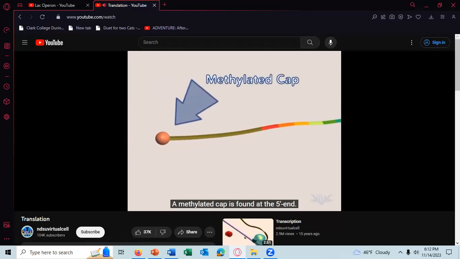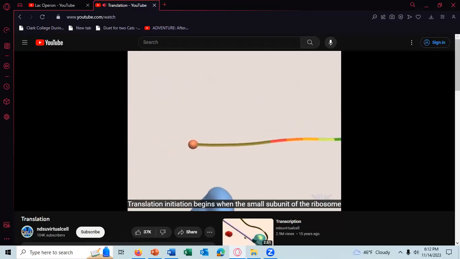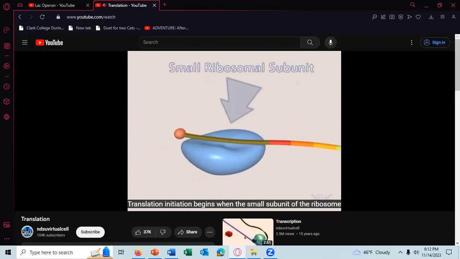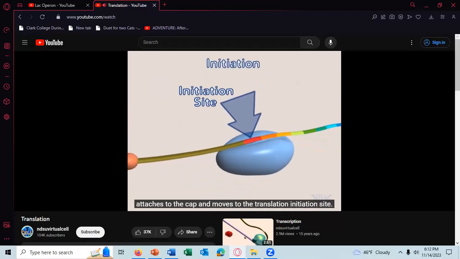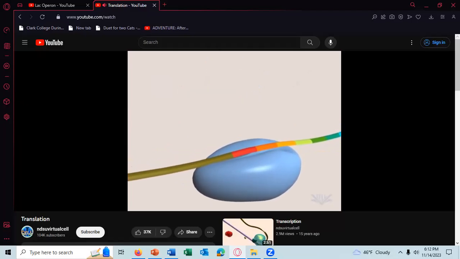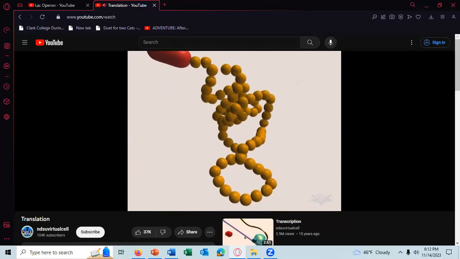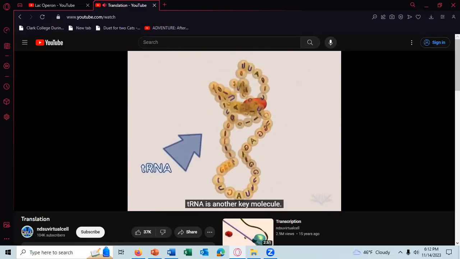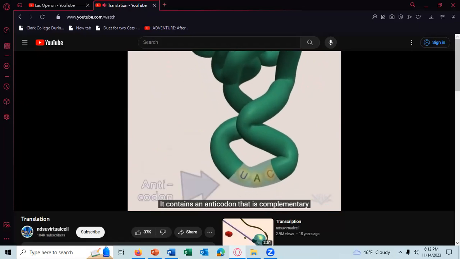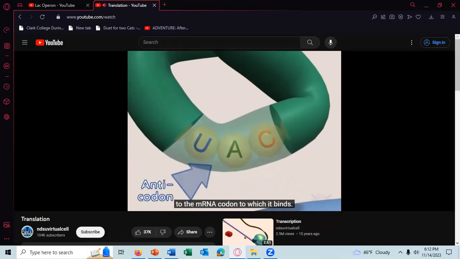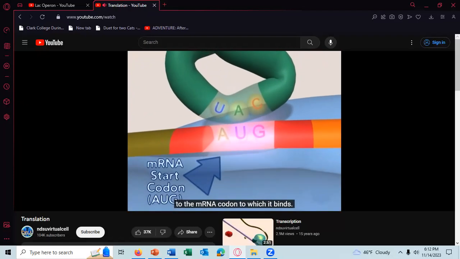A methylated cap is found at the 5' end. Translation initiation begins when the small subunit of the ribosome attaches to the cap and moves to the translation initiation site. tRNA is another key molecule. It contains an anticodon that is complementary to the mRNA codon to which it binds.